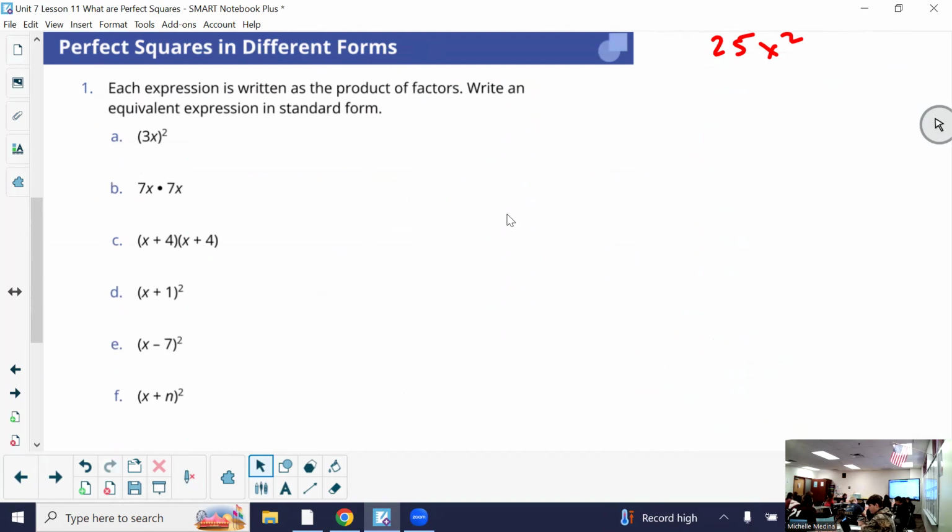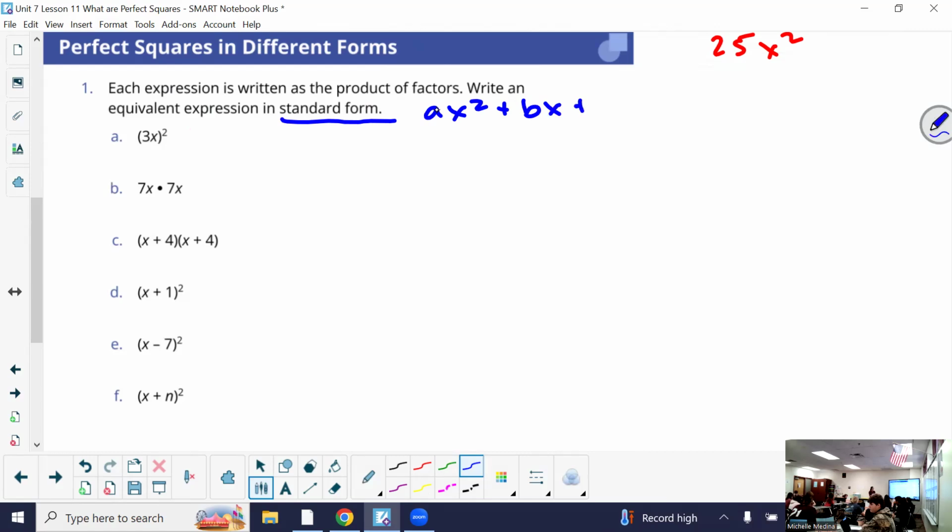So now you are going to, in the next activity, write these expressions in standard form. So standard form of a quadratic will look like this, ax squared plus bx plus c. But sometimes you don't have a b term, sometimes you don't have a c term.